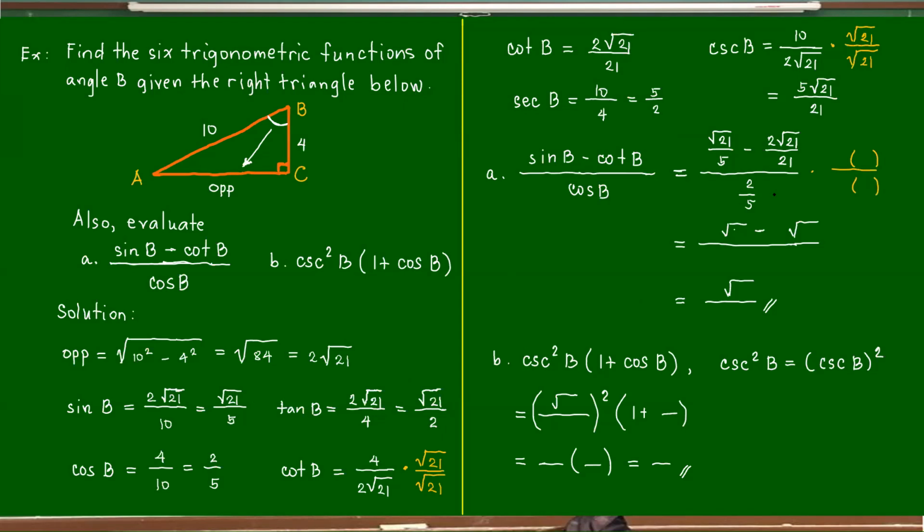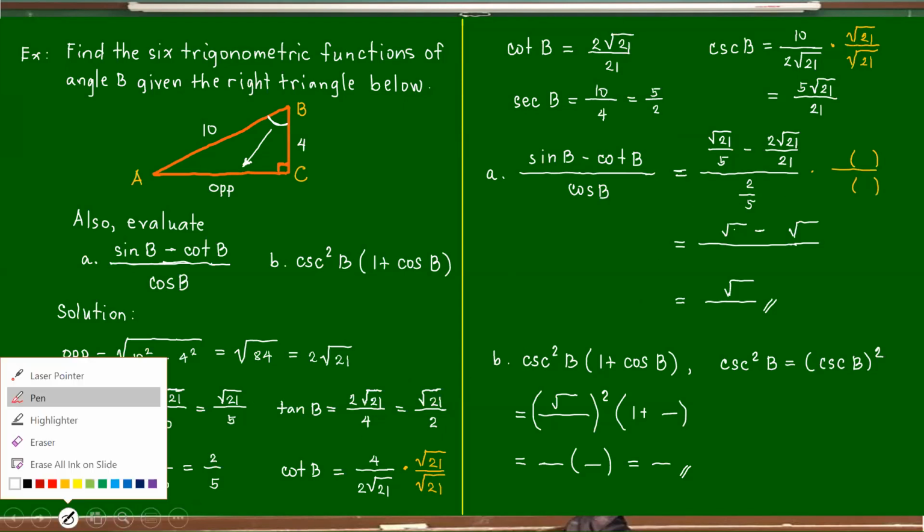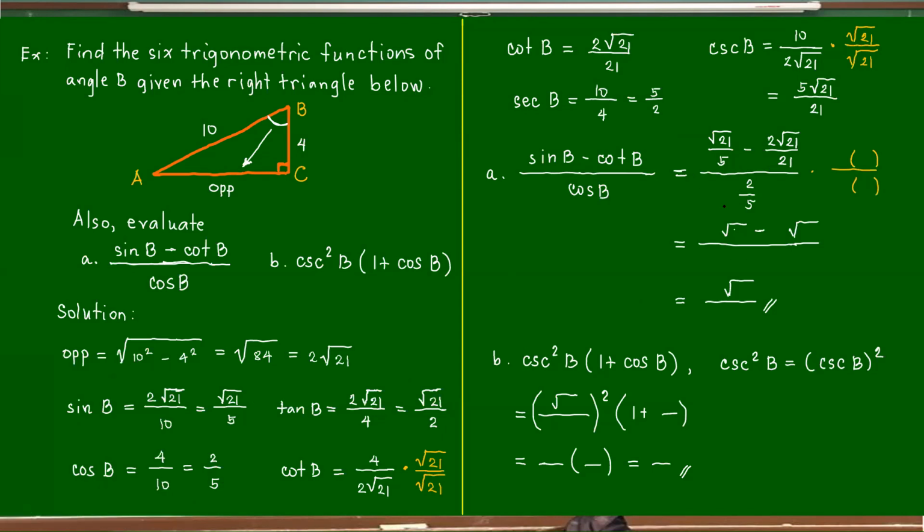Then, we are going to simplify this complex fraction. How to simplify a complex fraction? There are actually 2 ways. You can simplify the numerator into a simple fraction, and then the denominator, and then multiply the simplified fraction in the numerator by the reciprocal of the denominator.